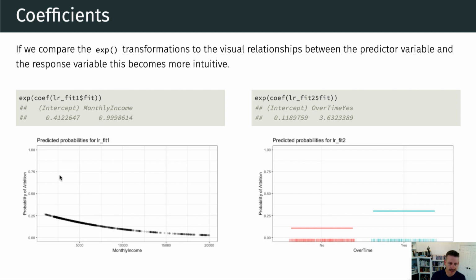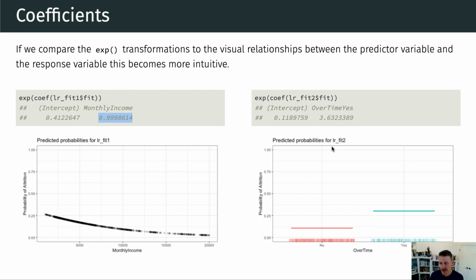If we were to take the probability of attrition at 5,000, we would now take that probability times 0.999, and that would become the new probability of attrition when we have a monthly income of $5,001, right? So since we're multiplying this by less than 1, we see this steady decrease in the probability of attrition.